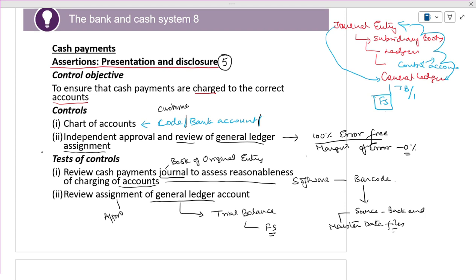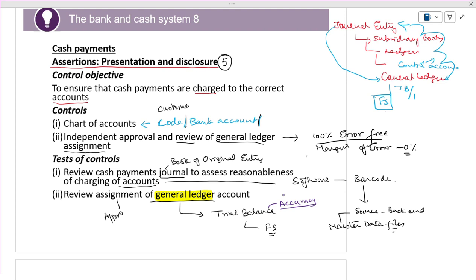We are stopping at the general ledger. The trial balance is prepared only to know the accuracy, whether totals are right or wrong. If general ledgers are right, automatically the trial balance is a reflection of the right.